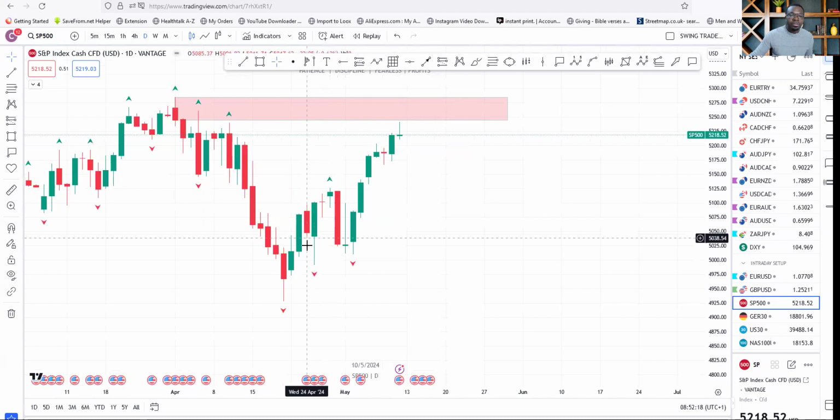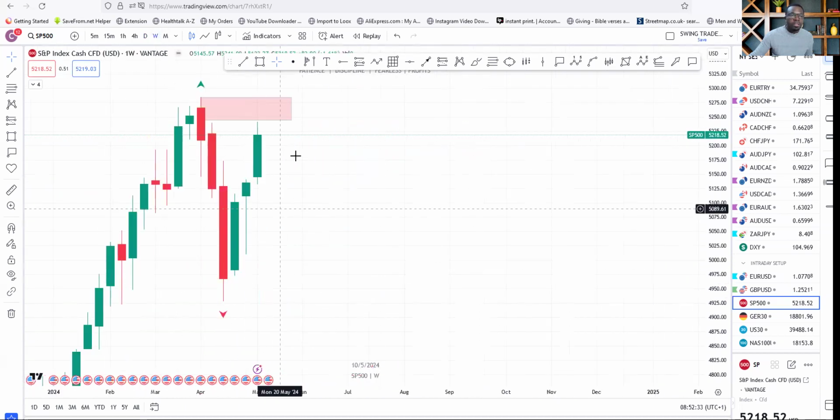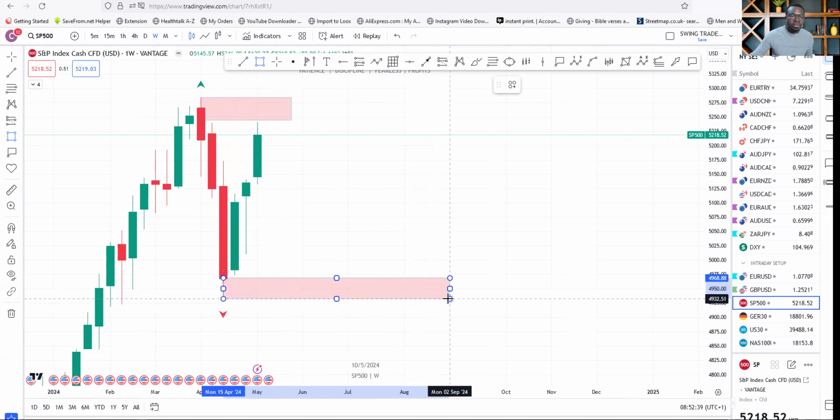Now, the previous low that the market created as a support is obviously on this candle, as you can see on this candle, but I'll rather use this low here, or let's get it from the weekly. It's better for us to get it from the weekly so we can understand. Like here, weekly is better.